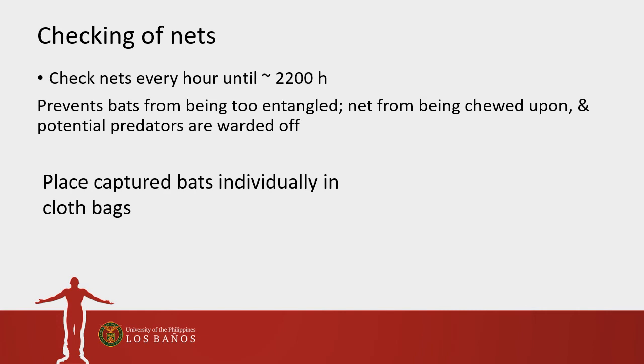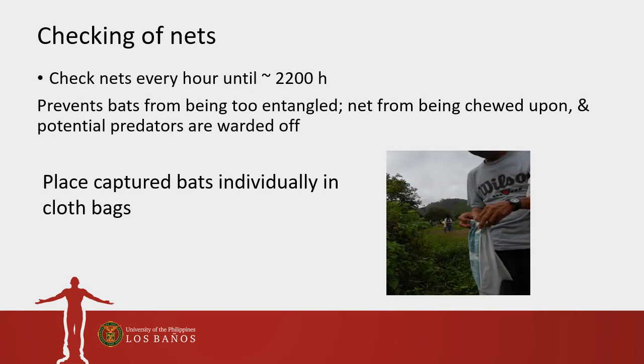Captured bats are placed individually in cloth bags, which are hanged as you continue to remove other bats. Checking of nets can be done every hour until around 10 p.m. You may leave the nets open, but make sure to return in the early morning to remove captured bats again.